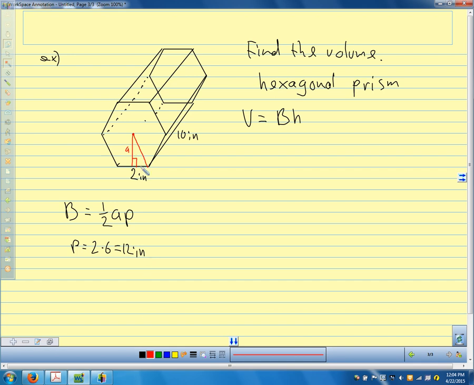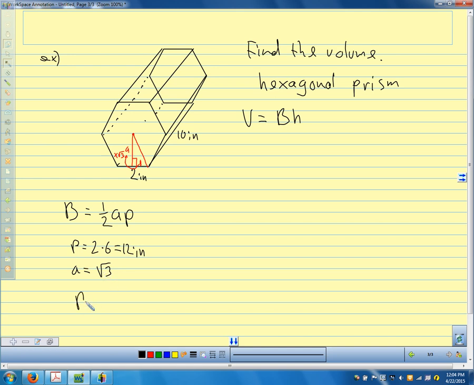How long is this little piece here? 1 inch. And to go from the short side to the long side, multiply by the square root of 3. So the apothem, A, is 1 times the square root of 3. So we just get square root of 3.